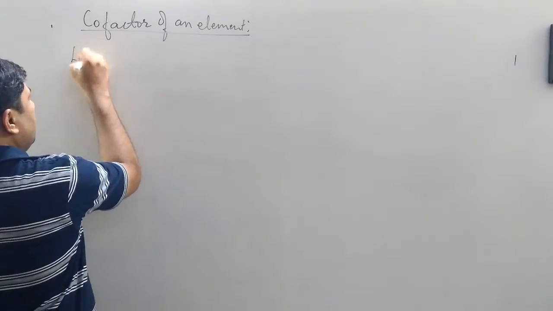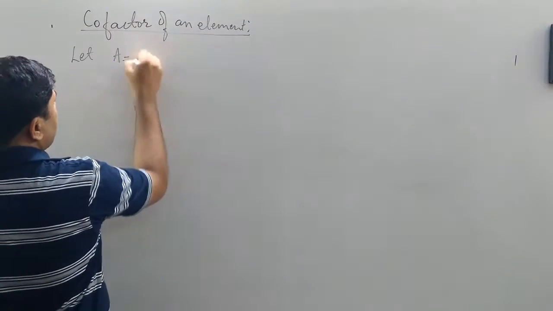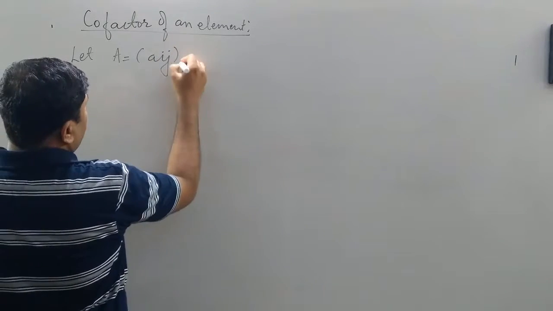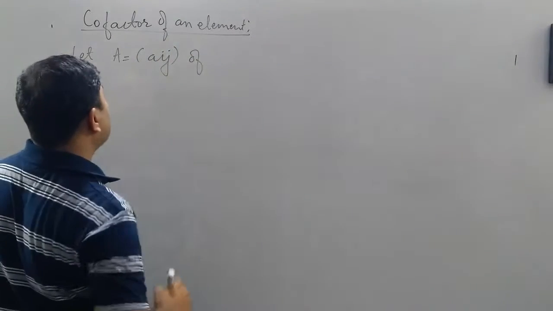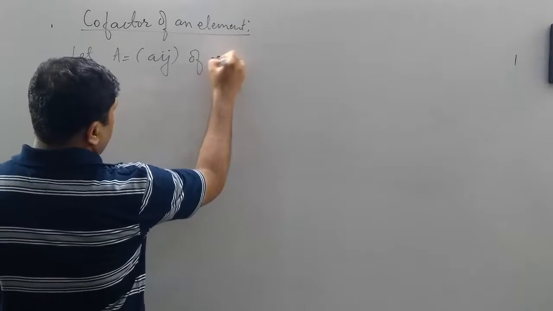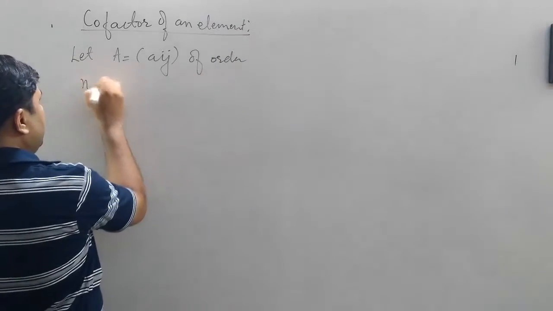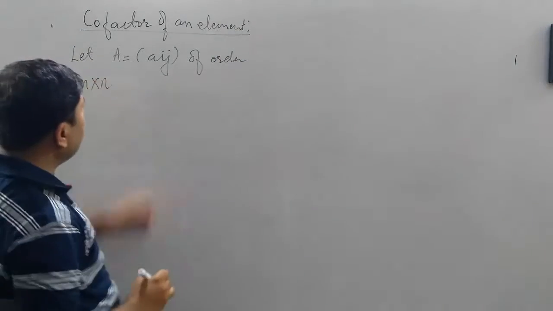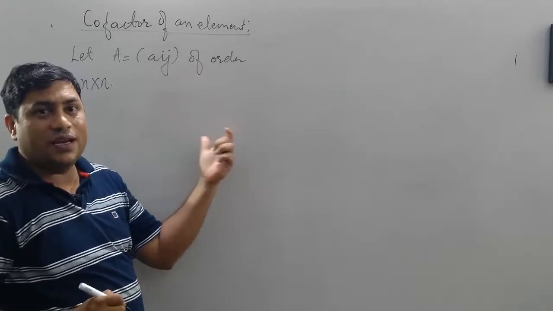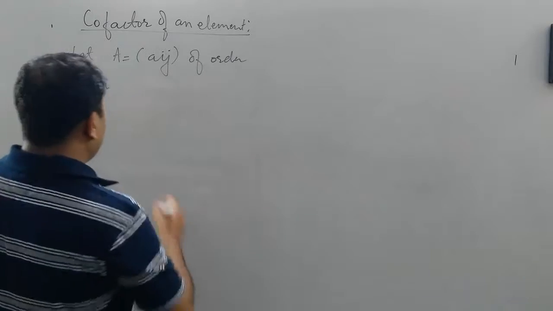So, for example, let A be a square matrix Aij with n rows and n columns, of order n cross n. Then I want to find out the cofactor of any element Aij.